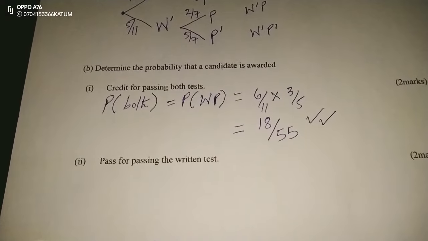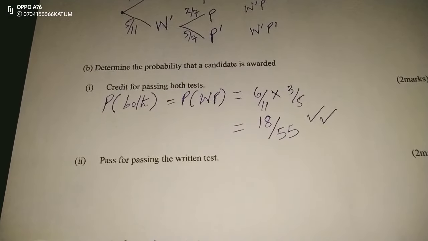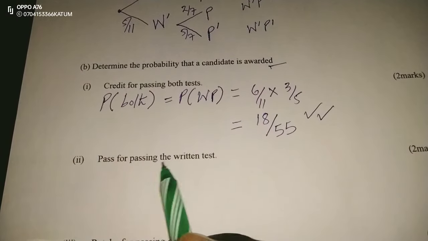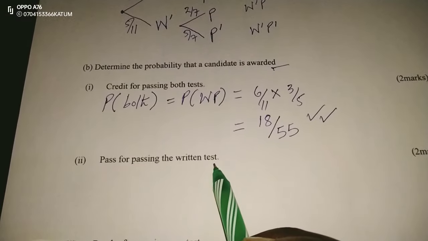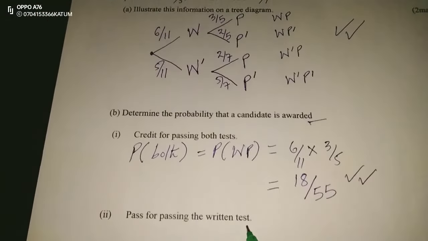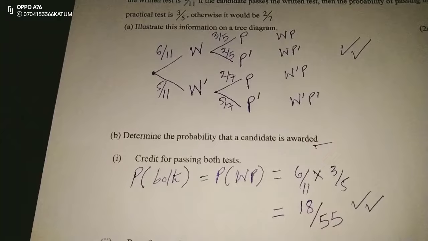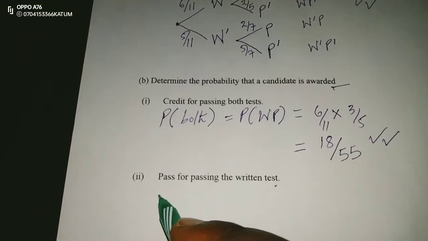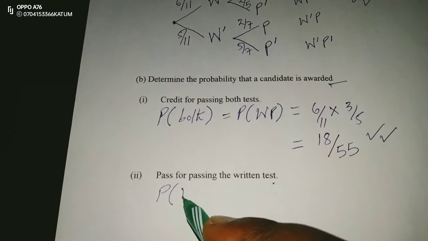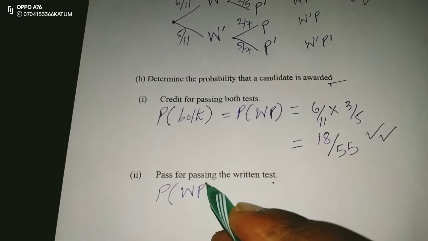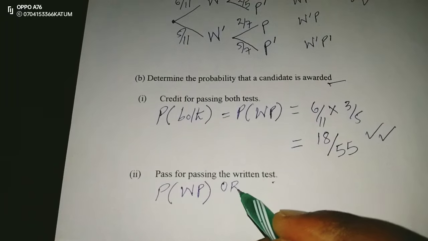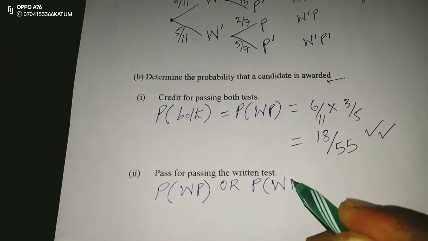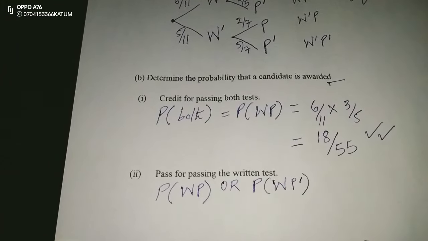In part 2, determine the probability that the student is awarded a pass for passing the written test. So for passing the written test, we can have two possibilities. It can either be passing in the written test and also passing in the practical, or passing in the written, but when we go to the practical, the student fails.